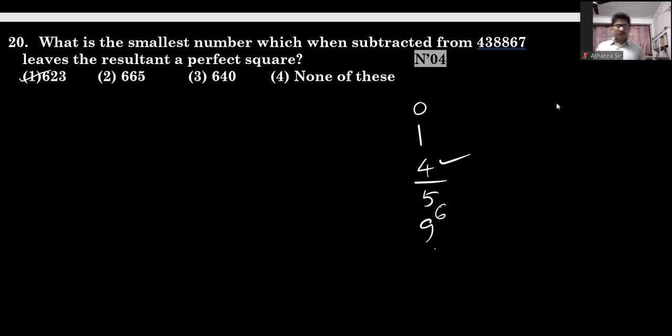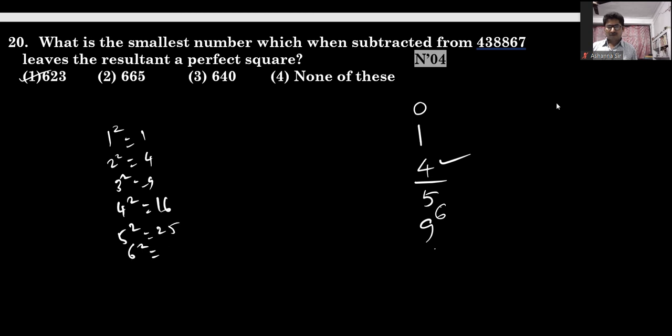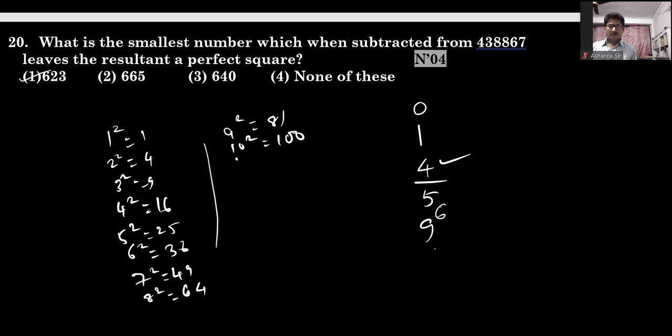So to identify this, you have to know square numbers, children. Squares: 1 square 1, 2 square 4, 3 square 9, 4 square 16, 5 square 25, 6 square 36, 7 square 49, 8 square 64, 9 square 81, 10 square 100, 11 square 121.